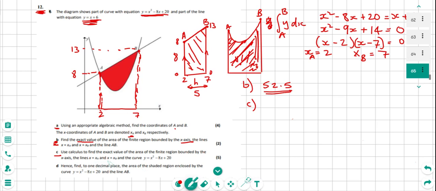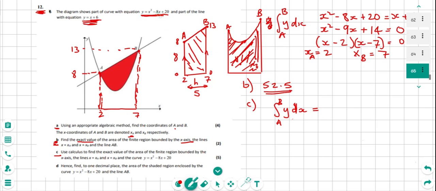So to do that, what we're going to do is integrate the curve. So we're going to do the integral of the curve y between x equals a and x equals b. So we're going to do a definite integral, and it's with respect to x.